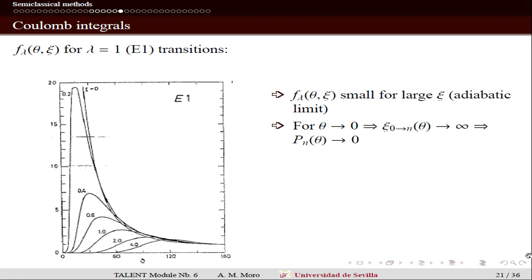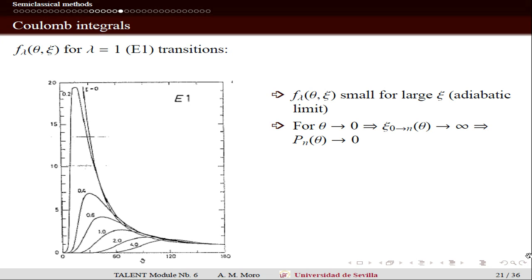This is how this F function looks. We say it depends on two things: it depends on the scattering angle, and it depends on the adiabaticity parameter, xi. This is for the case of E1 excitations, dipole excitations.